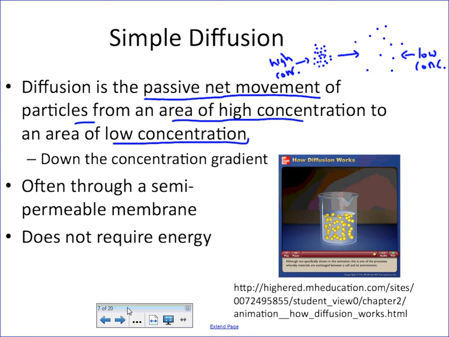When substances move from an area of high concentration to low concentration, we consider this substance to be moving down its concentration gradient.